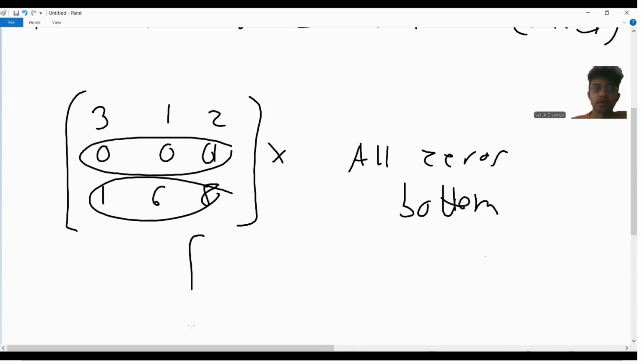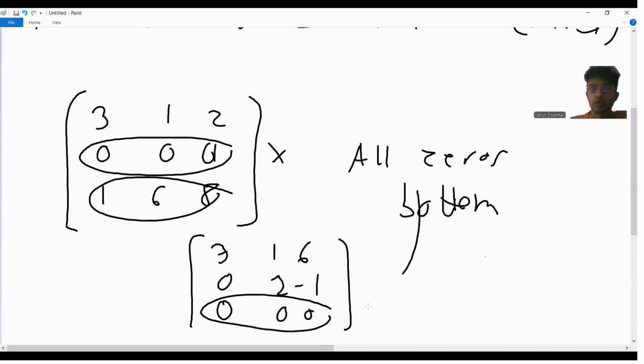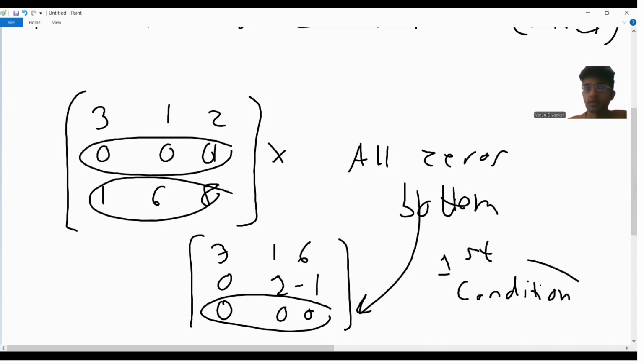Suppose you have a matrix 3, 1, 6; 0, 2, -1; and 0, 0, 0. Here all the zeros are at the bottom, so this satisfies the first condition of an echelon form: any rows which are all zeros have to be at the bottom.